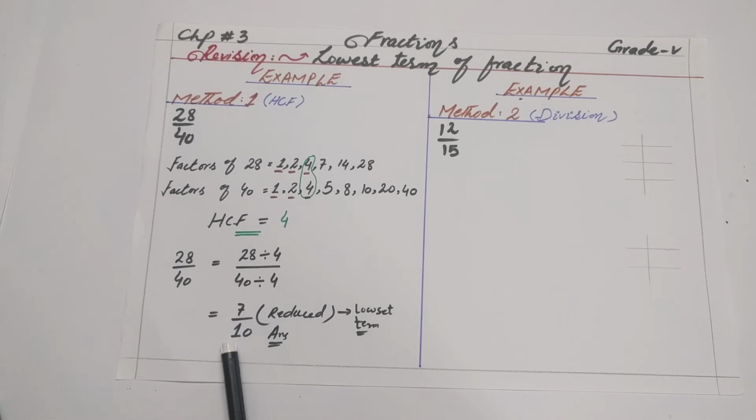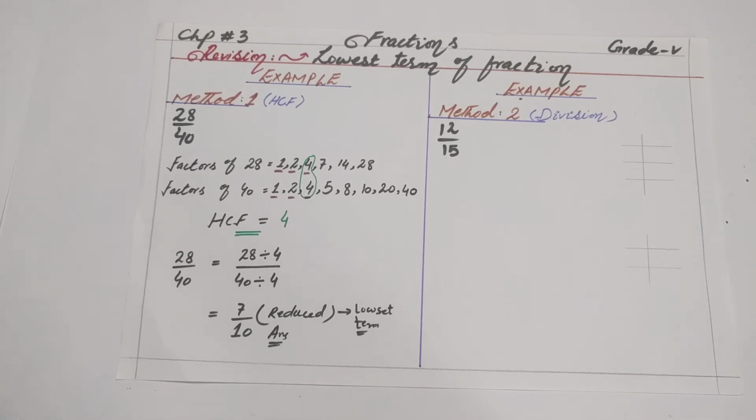So 7 and 10 are here only divisible by 1. No other factor other than 1 is over here. So when 1 will be the only common factor for both numerator and denominator, then that fraction is reduced into the lowest term. Now 7 by 10 is the lowest term of 28 by 40. Why? Because 1 is the only common factor for the numerator and denominator.